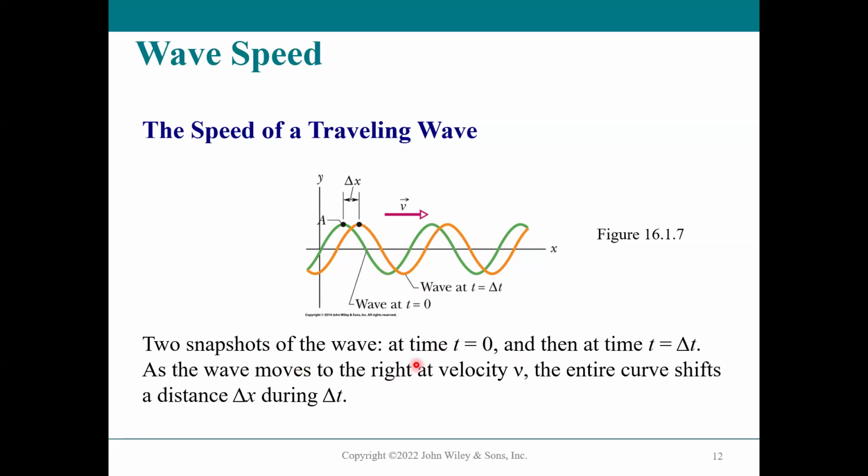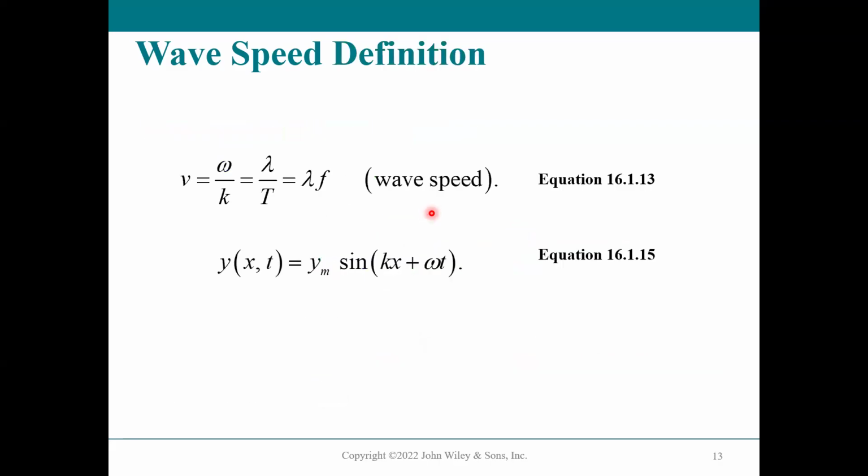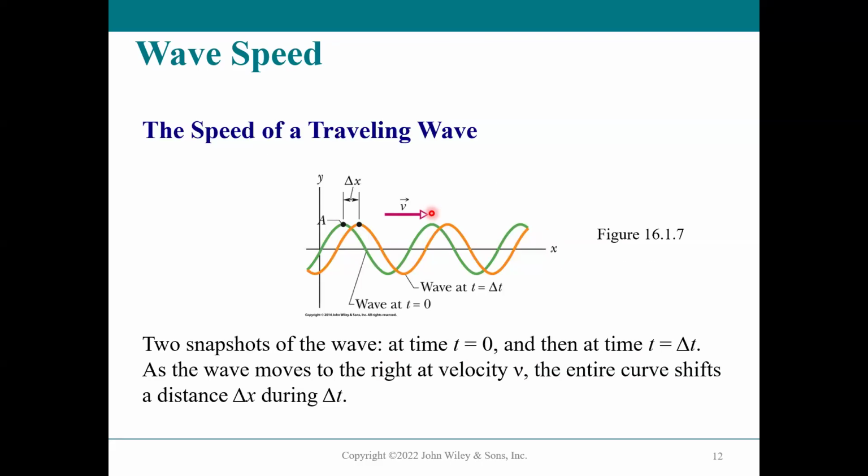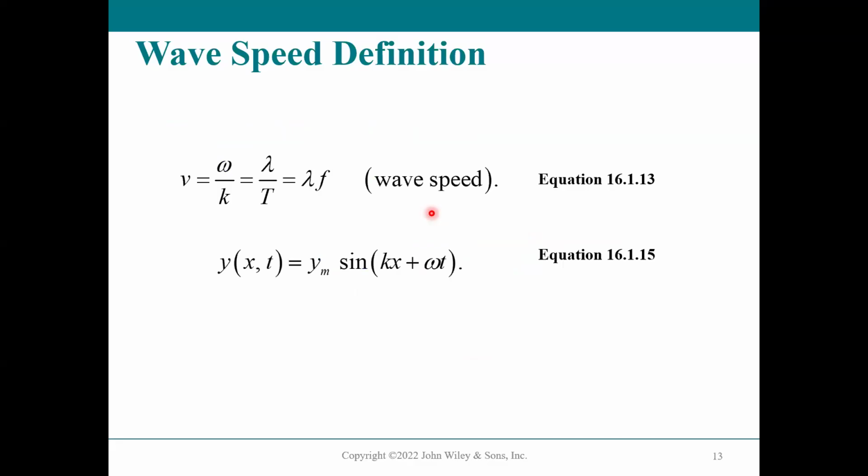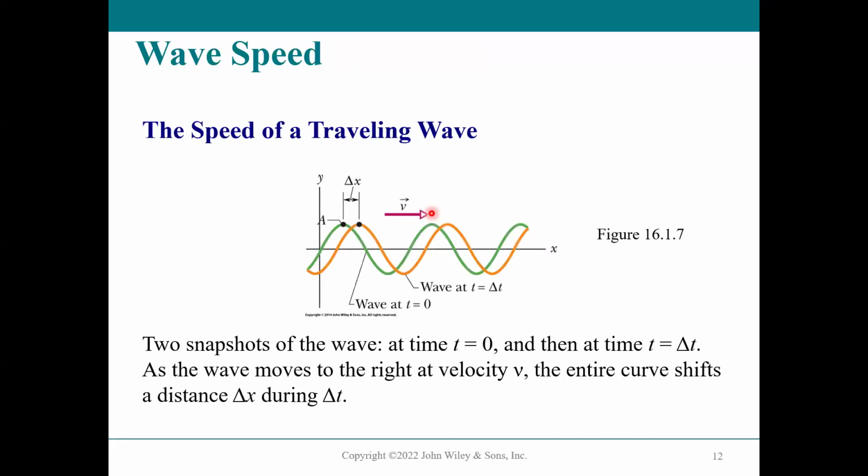Displacement divided by time equals speed, or velocity: delta x divided by delta t. So we can calculate the speed of the wave using this, delta x divided by delta t.